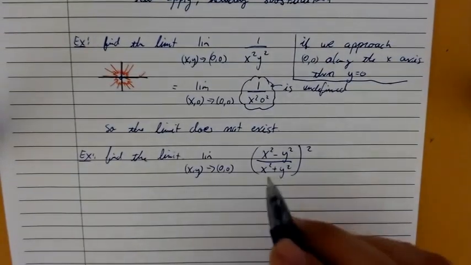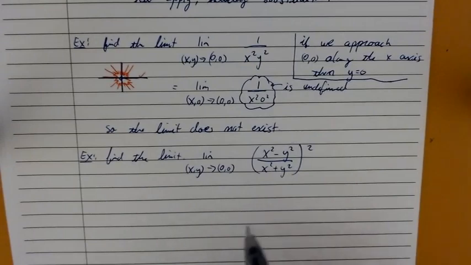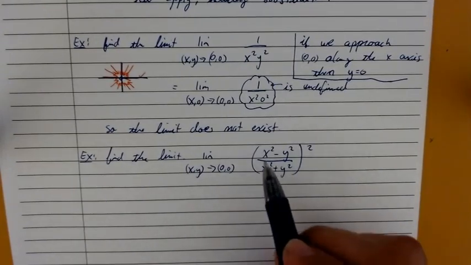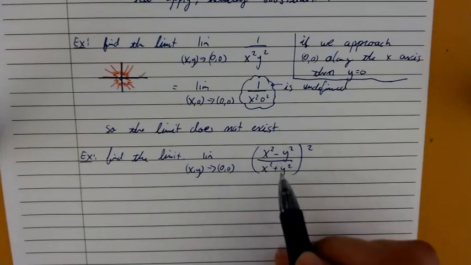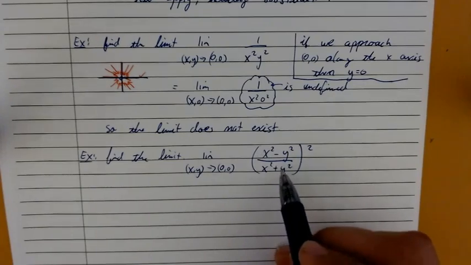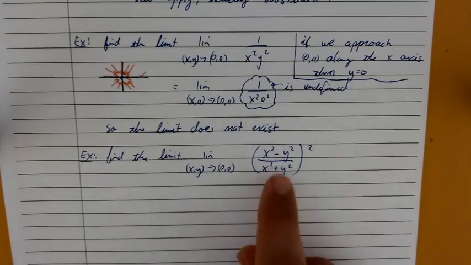Okay. Now, right here, I suspect the limit does not exist. Well, why would you suspect that? Well, here I have 0 over 0. That's indeterminate.